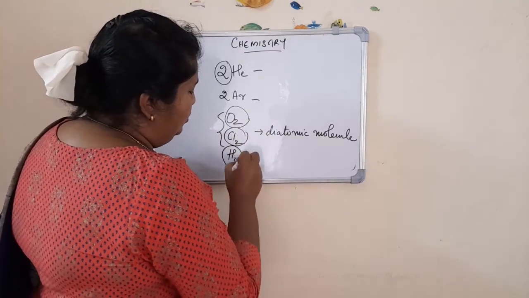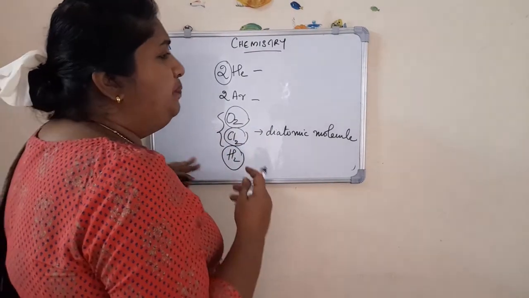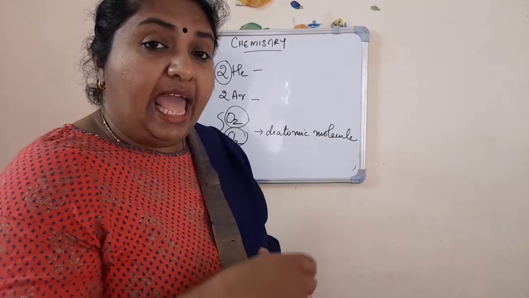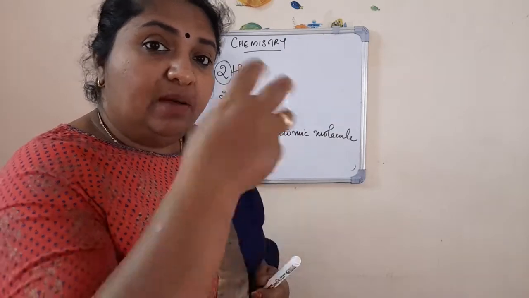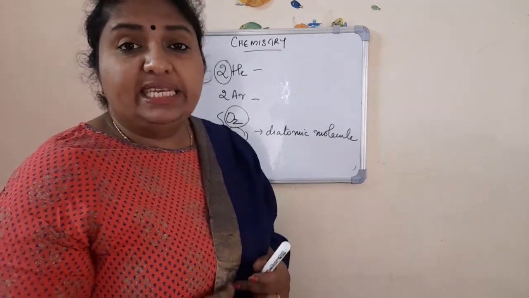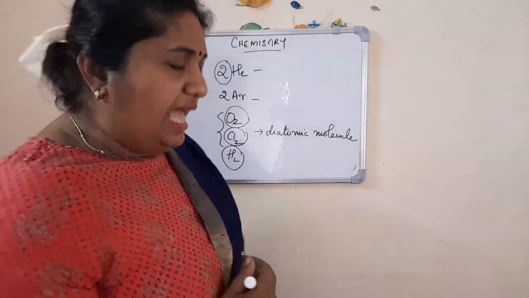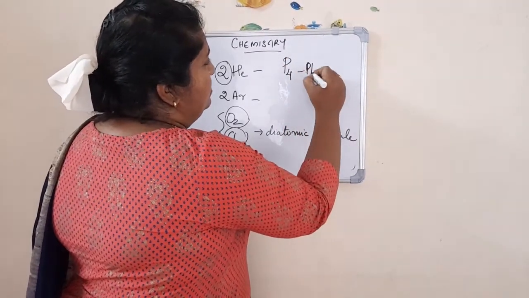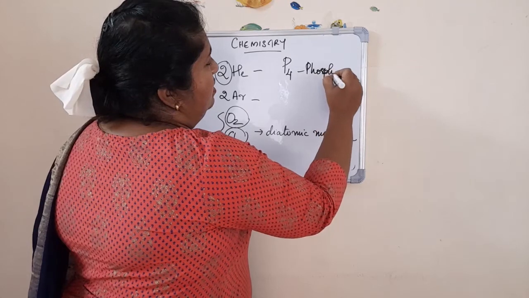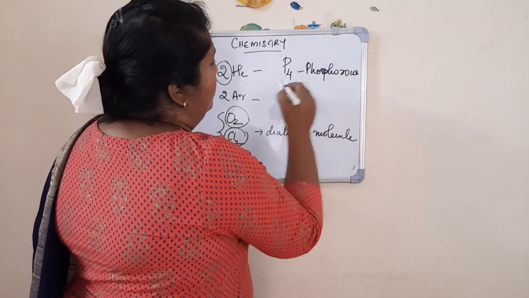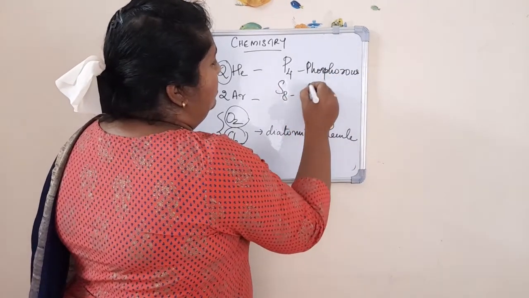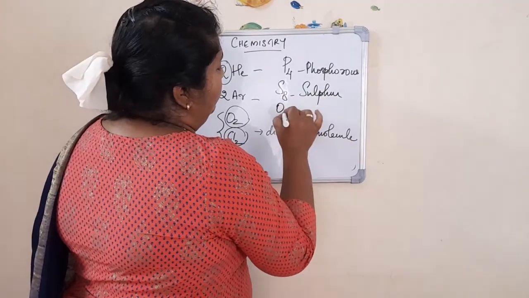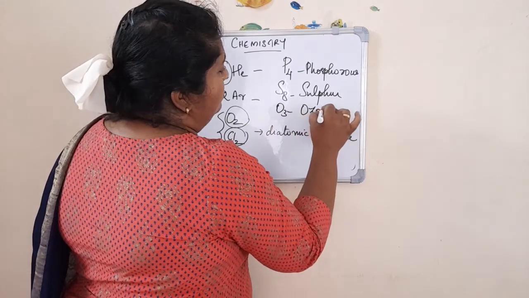Here also 2 atoms. Now there are some elements which we cannot express as either a monoatomic molecule or a diatomic molecule, like phosphorus, sulfur, etc. One more, O3, ozone.